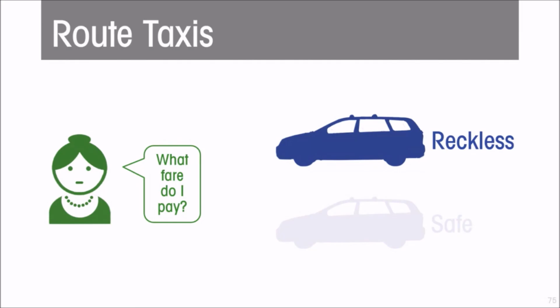And so this is why, in cities in which there is weak enforcement of traffic rules, route taxis or share taxis end up driving the most recklessly. What looks like a problem of indiscipline really is just a market failure, a failure that is due to asymmetric information.